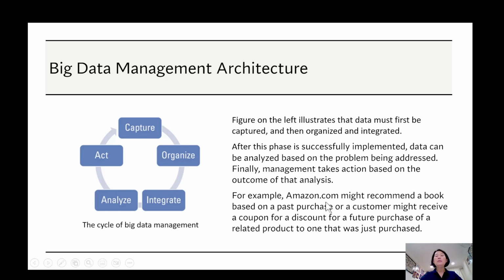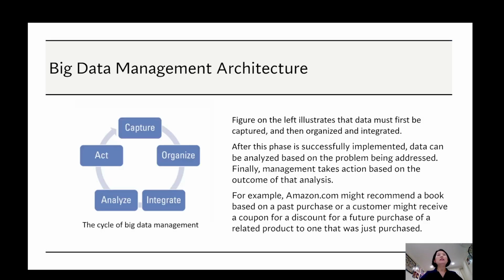For example, Amazon.com might recommend a book based on past purchases, or a customer might receive a coupon for a discount for a future purchase of a related product to one that was just purchased. This kind of service, which we call personalized service, is possible. You can carry this out based on big data analysis.